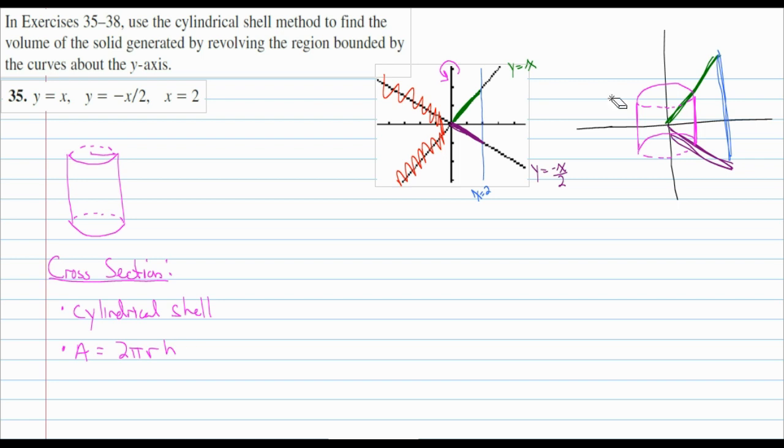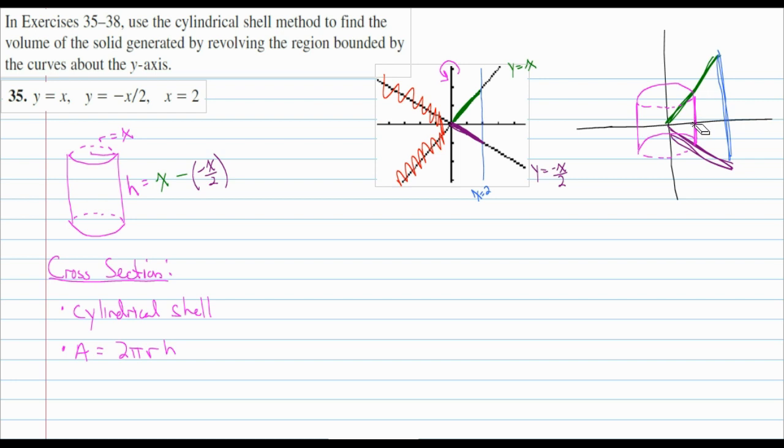Well, the radius, if you can see here, is going to be from the y-axis out to the curve. So that is a horizontal distance that's just going to be my x-coordinate. The height is the connection between the top and bottom curve. Well, that height is just the top curve minus the bottom curve.